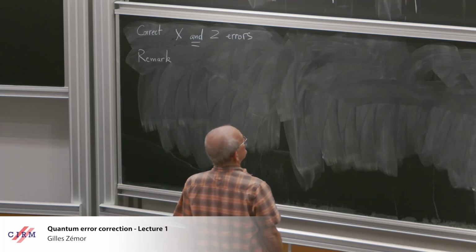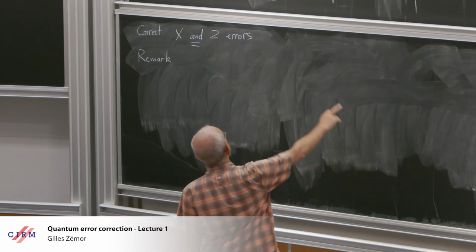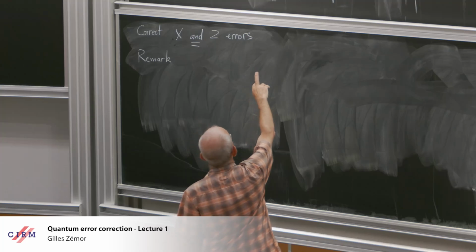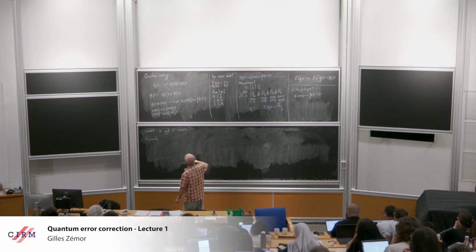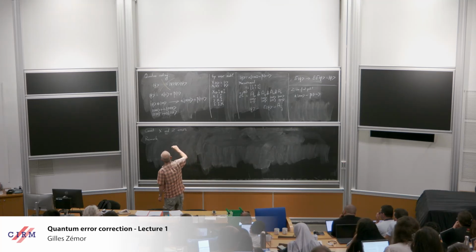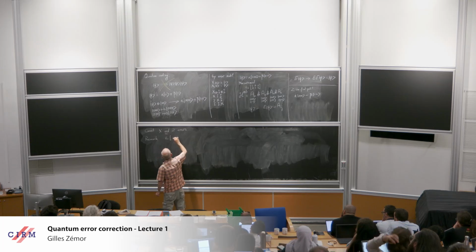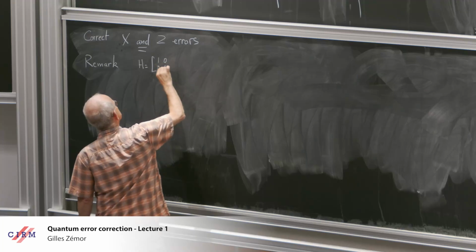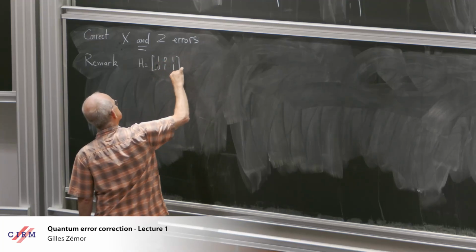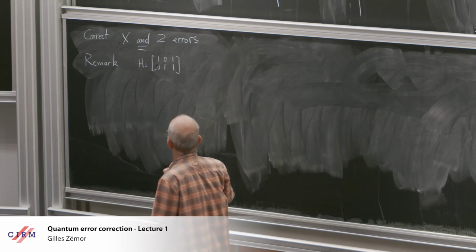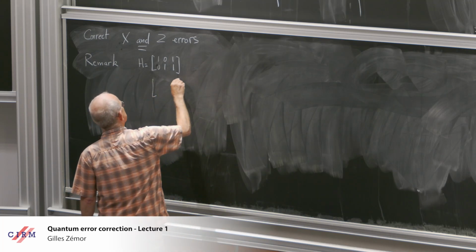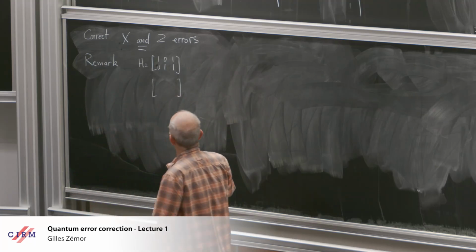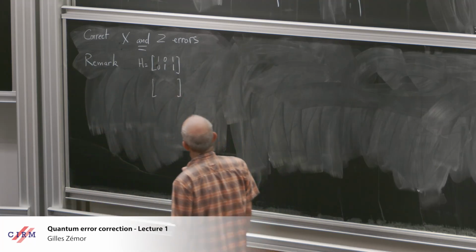Okay, let me start with a small remark with our little toy code here. The remark is, we kind of use this little syndrome matrix from classical coding. And let me transform it into a matrix of Pauli operators.